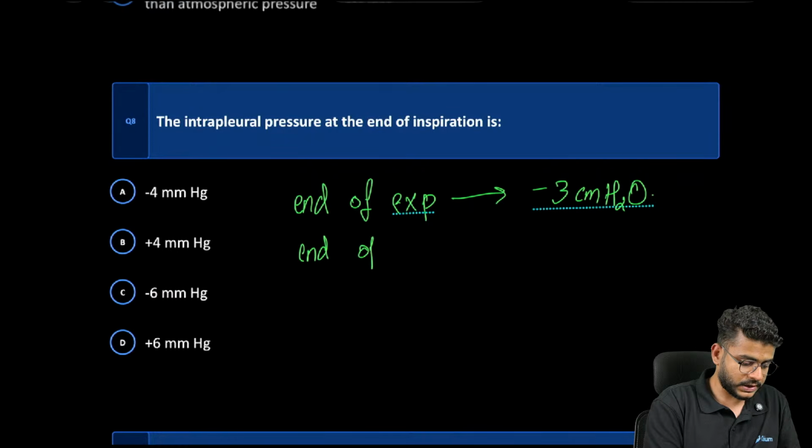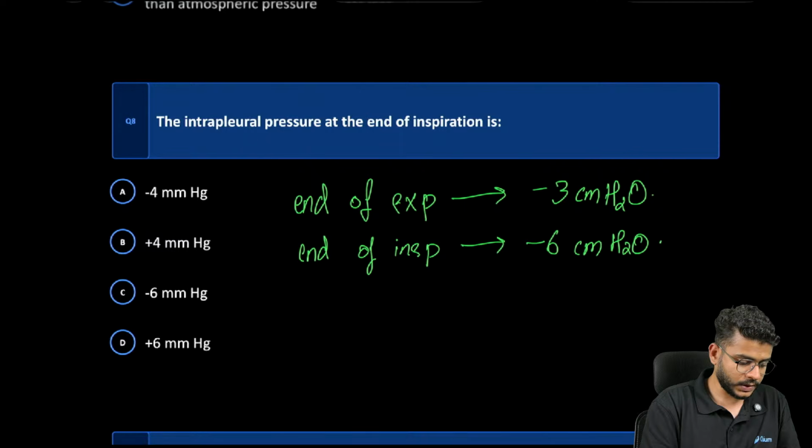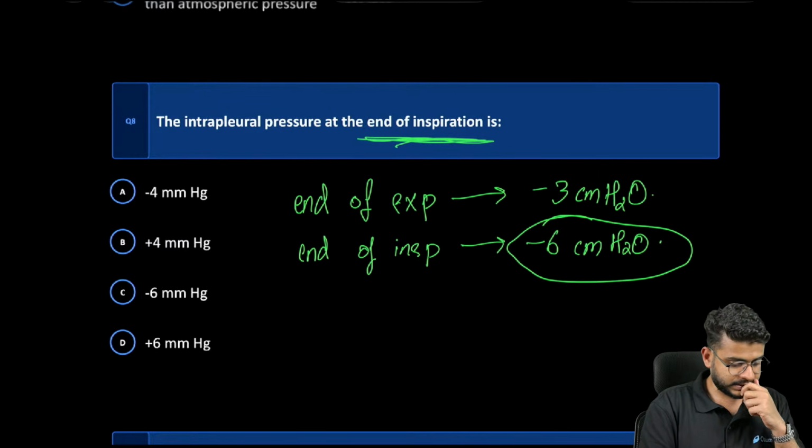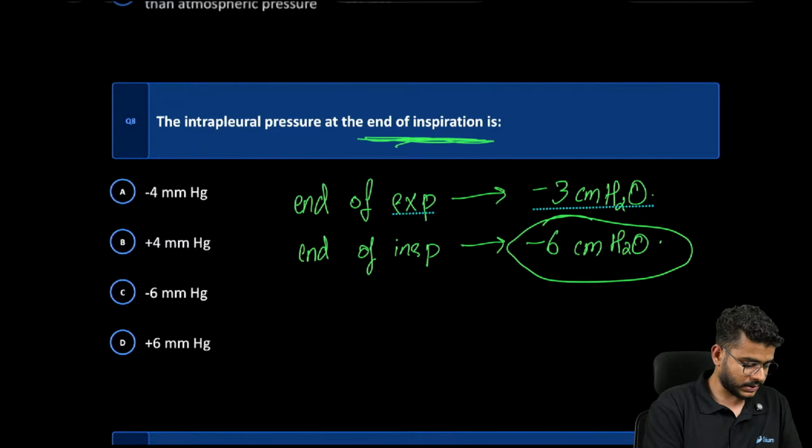End of inspiration, it will be minus 6 cm H2O. Okay, so they asked intrapleural pressure at the end of inspiration, which is minus 6 centimeter H2O. Okay.